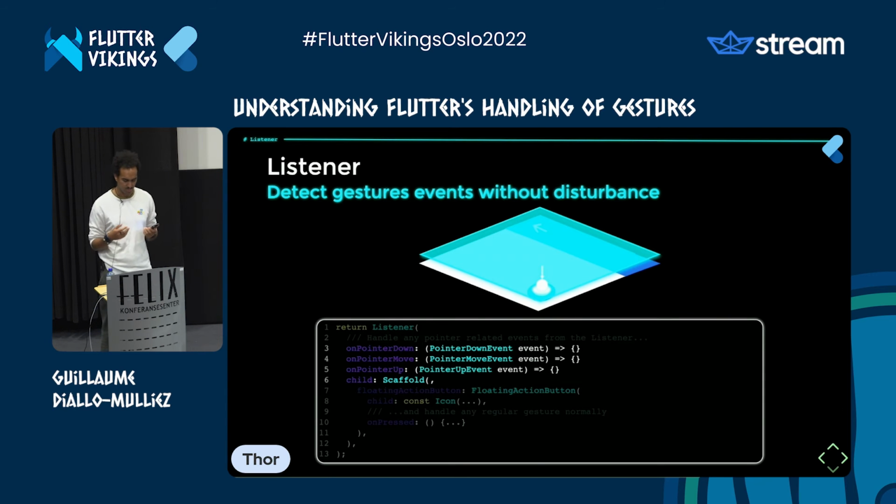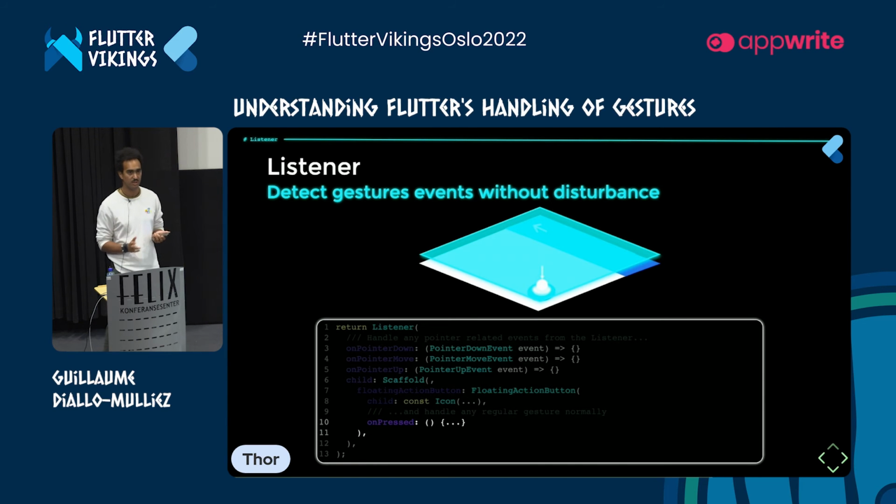So I will get a pointer down. Well, if it's only a tap, not the pointer move, but the pointer up callback will be called, and I can do whatever I need to recreate my gesture at that point. But I will also get a call on the onPressed callback of the floating button, and it works like it should. And it's not dismissed and rejected by the gesture arena at that point, because we use a listener that doesn't know about the gesture arena.